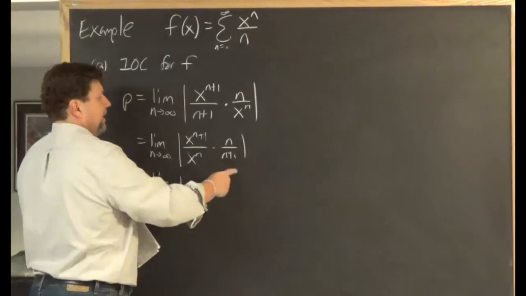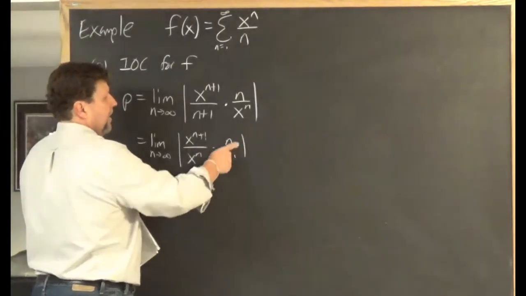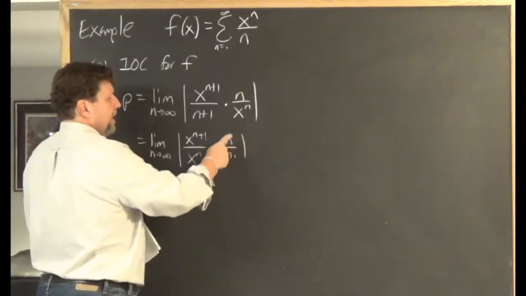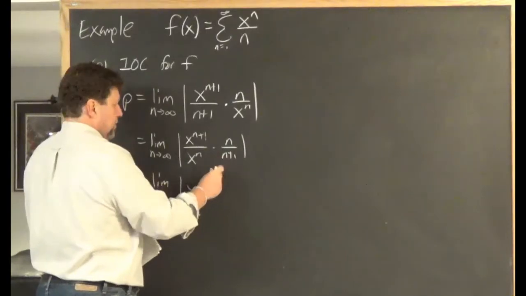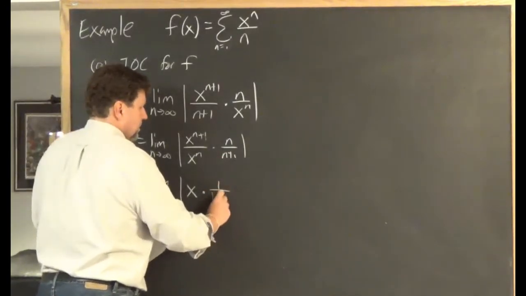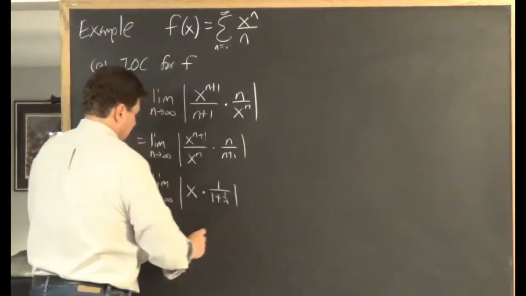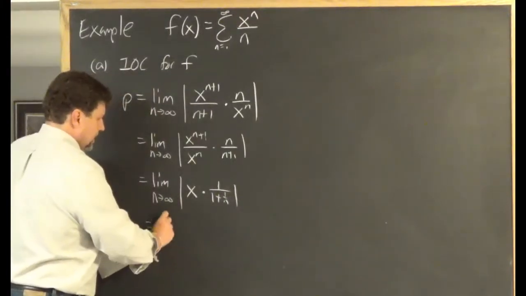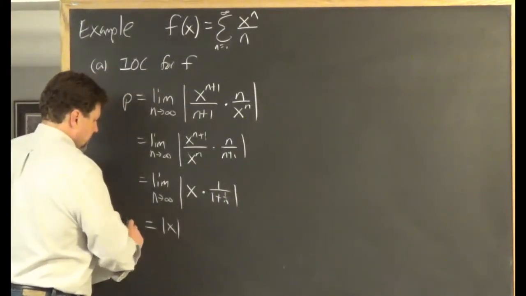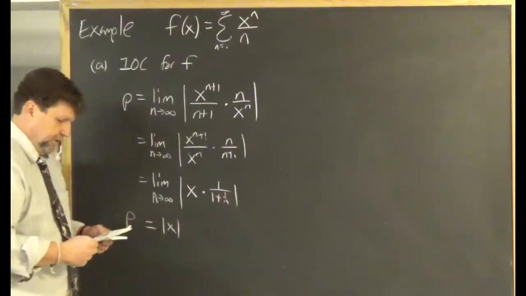You're probably recognizing I'm going to divide everything in the numerator and denominator of this fraction by n. And so when we take the limit, we just get absolute value of x. So that's what rho is equal to.